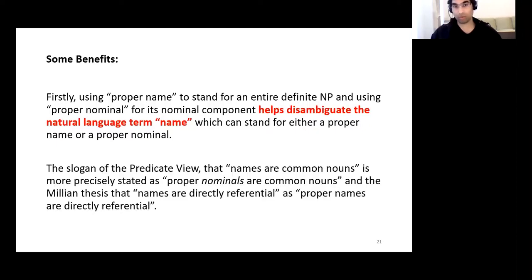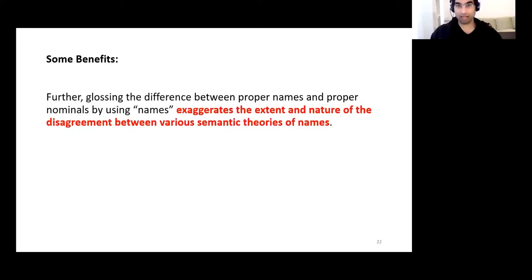And so the slogan of the predicate view of names, I'll talk about the predicate view of names in a little while, that names are common nouns is more precisely stated as proper nominals are common nouns. And the Millian thesis that names are directly referential is more precisely stated as proper names are directly referential. Another benefit of adopting this model of syntactic complexity is that it helps us better understand the disagreements between various semantic theories.